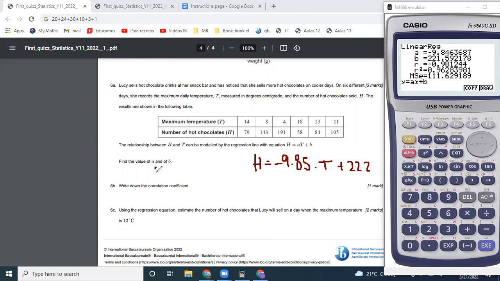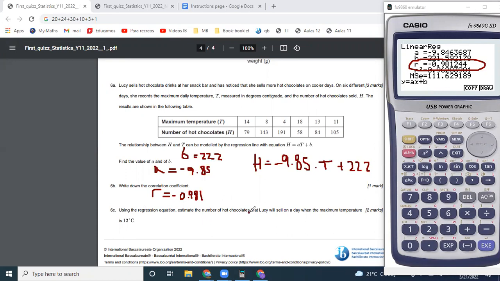So A is minus 9.85 and B is 222. Now, the correlation coefficient, we only need to know what it is, and it is the value of R here. So we will write just R is equal to minus 0.981.